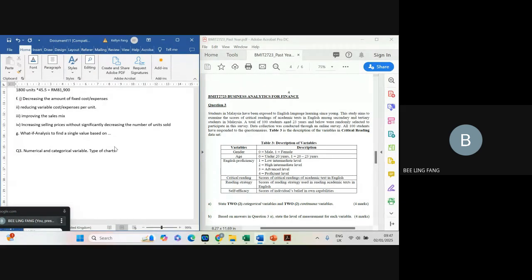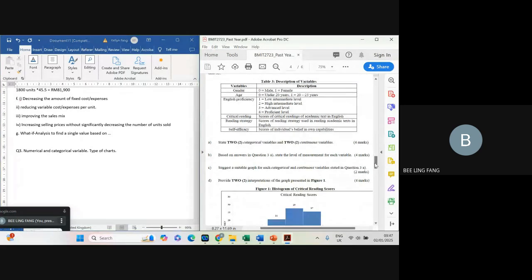Name the categorical variable. So gender is a categorical variable. Age categorical, right? English proficiency categorical. So numerical is the score, the critical reading strategy score. So this is numerical. So maybe they ask you what type of charts.